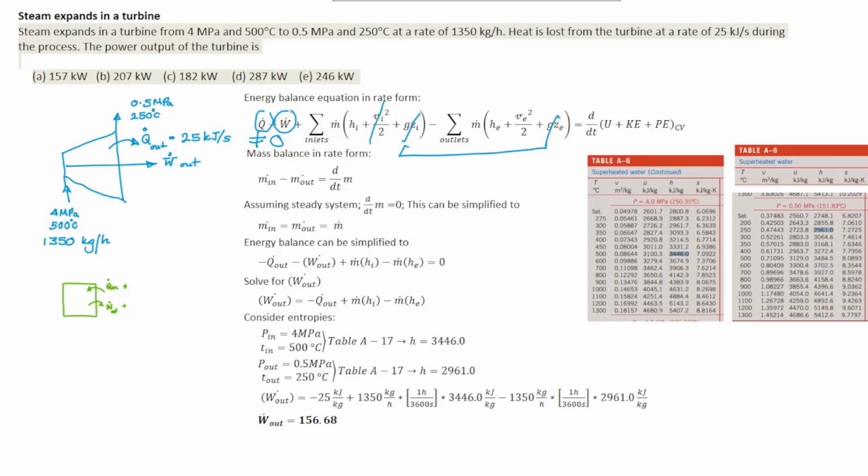And we can neglect the kinetic energy changes because there are massive changes in enthalpy, heat loss, and work output. And we know for a steady state system, the energy change within the system is going to be 0. So we can rewrite our energy balance equation as such.